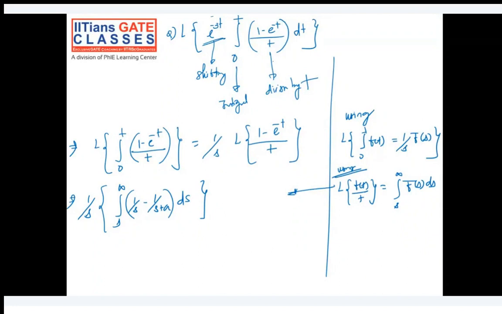And now take the integration. Integration of 1 upon s is log of s minus log of s plus a. So I can directly write log of s divided by s plus a. And that further can be written as log of 1 divided by 1 plus a by s.